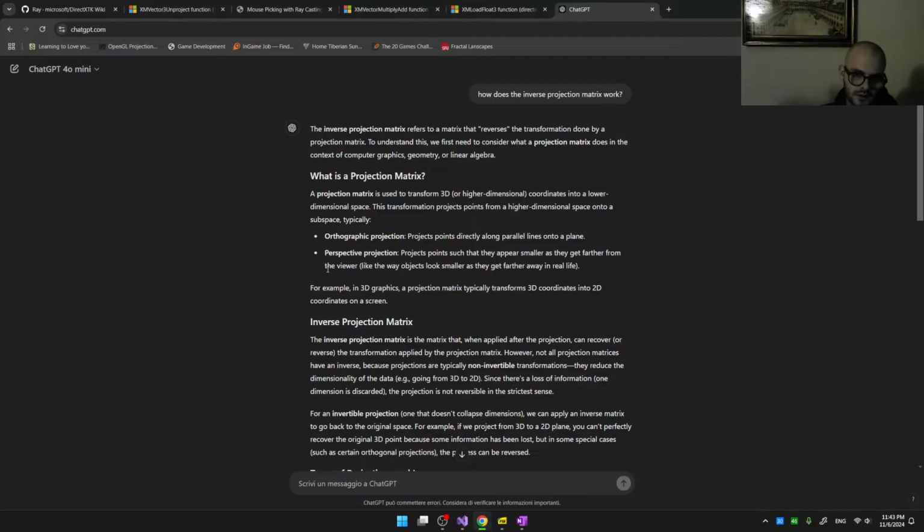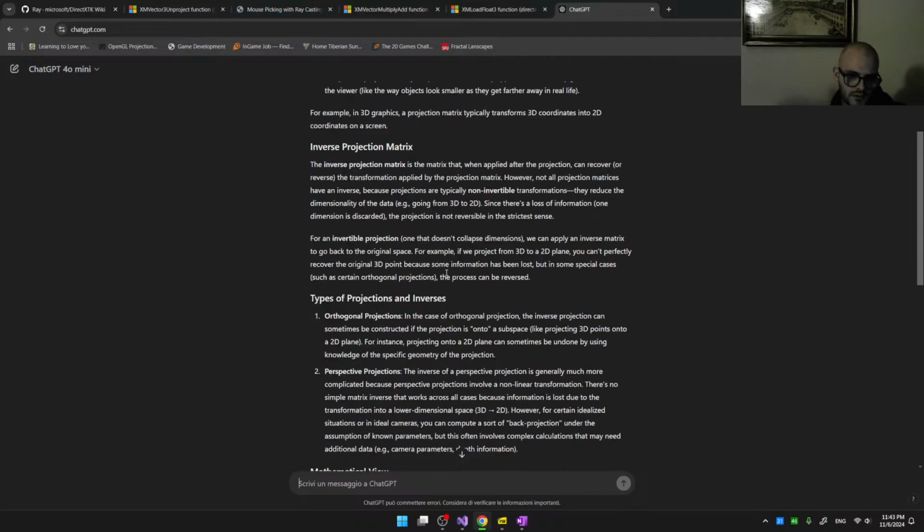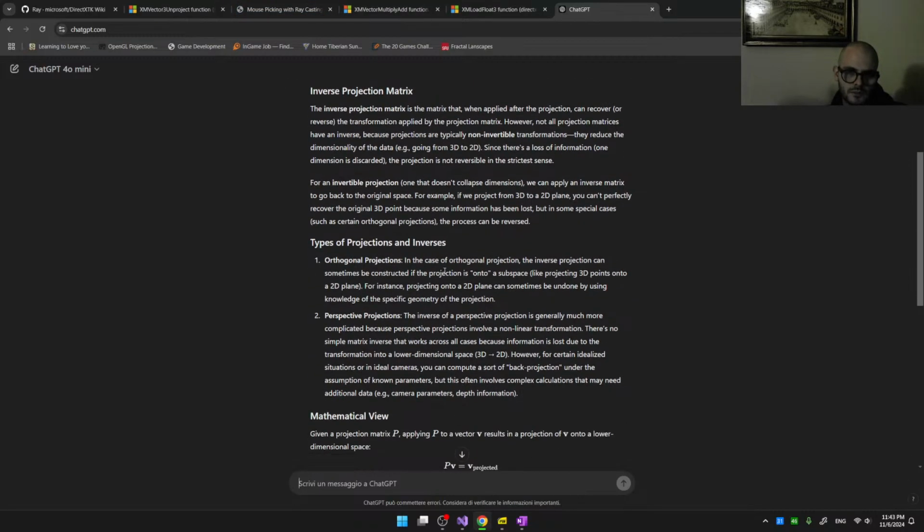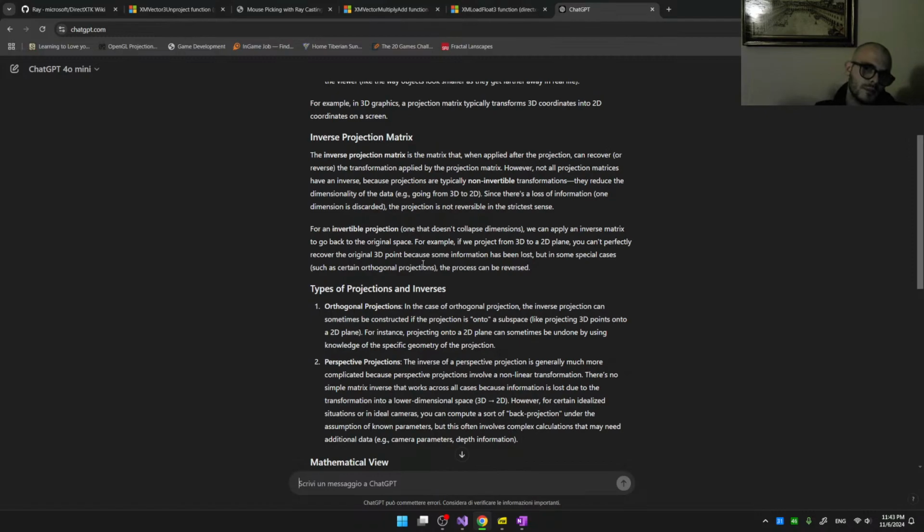For example, in 3D graphics, a projection matrix converts a 3D coordinate into a 2D coordinate on a screen. The inverse projection matrix is the matrix that, when applied after the projection, can recover or reverse the transformation applied by the projection matrix. However, not all projection matrices have an inverse, because projections are typically non-invertible transformations.